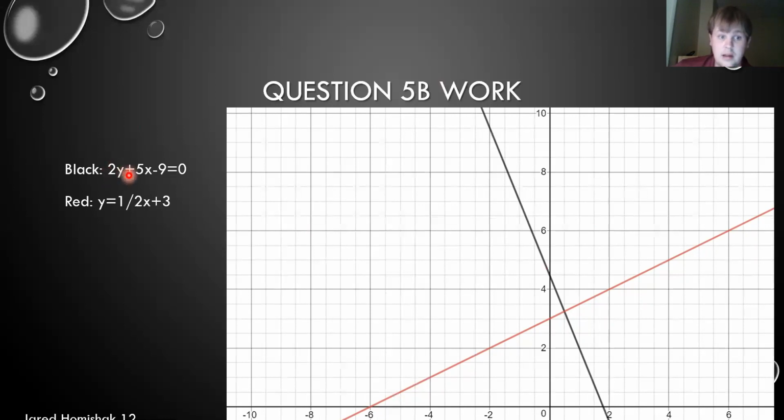So if we isolate the y, this becomes 2y is equivalent to -5x plus 9, and then you divide both sides by 2 to get y by itself, and that becomes y is equivalent to -5/2 x plus 9/2. From there, you put it into the slope formula format and do the work. It's pretty easy once you get the hang of it.